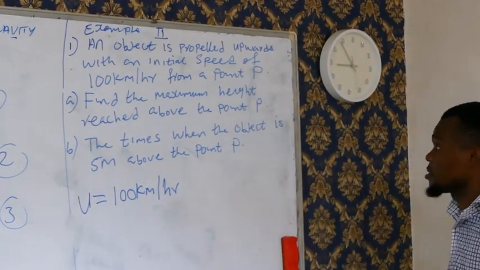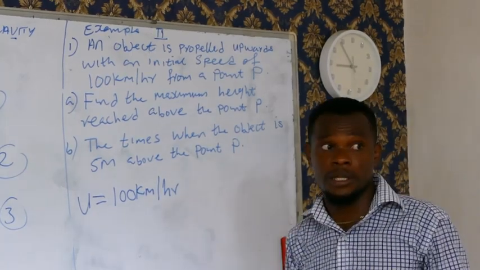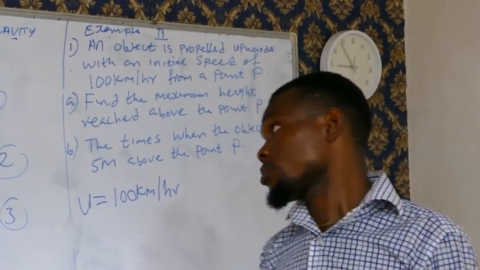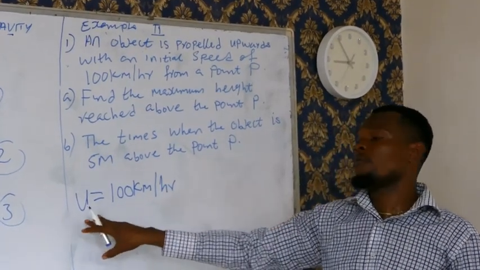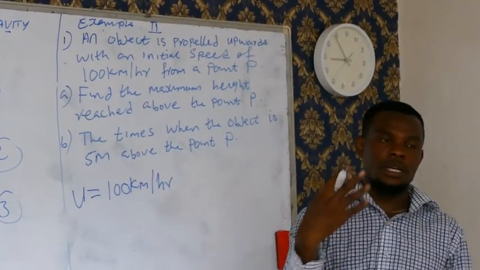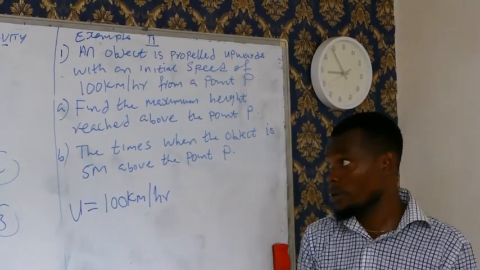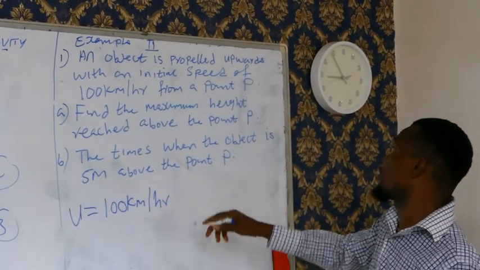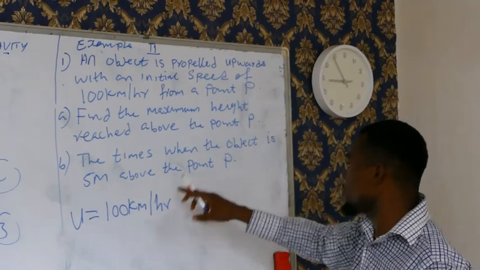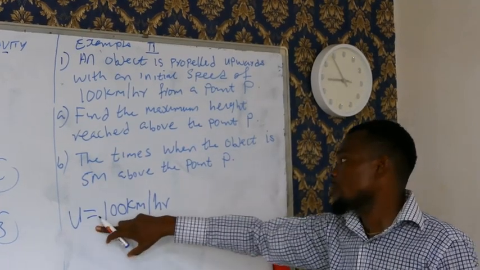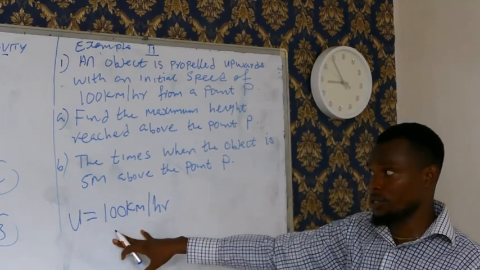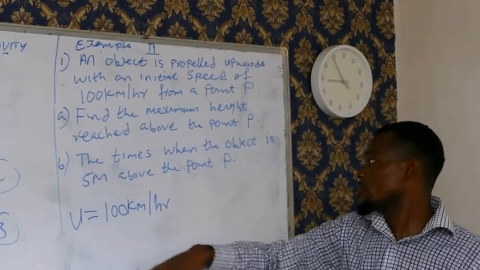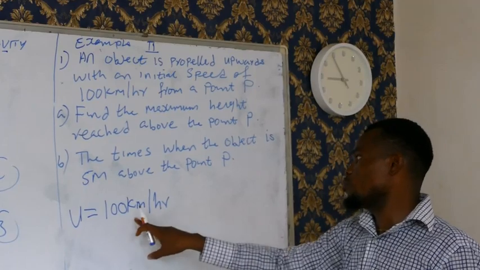Remember, this is physics. You need to work with the right SI units. Velocity is measured in meters per second, I beg your pardon. But in this case, you are given it in kilometers per hour. So you need to do a little conversion. So how do you convert kilometers per hour to meters per second?